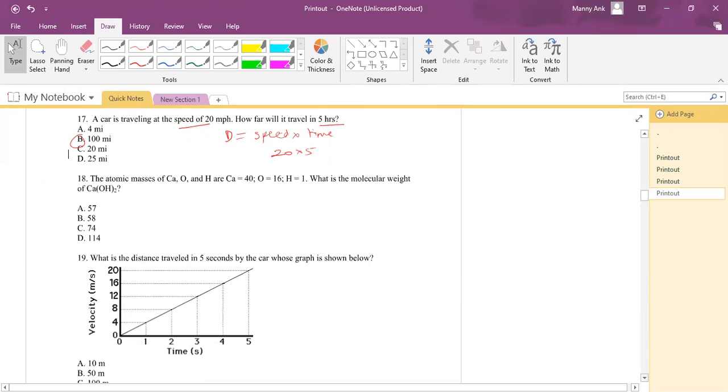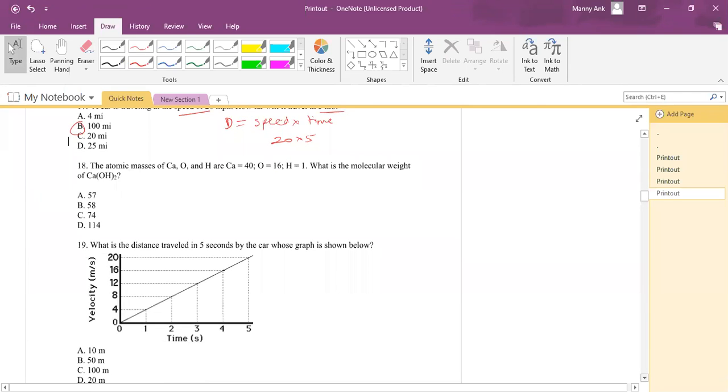Then number 18. Hey, Professor, what's the answer for 15 and 16? Number 16. It's A. Number 18. 15.